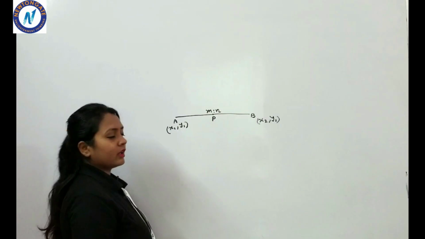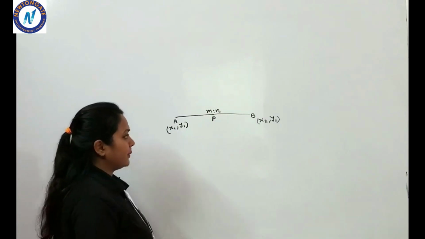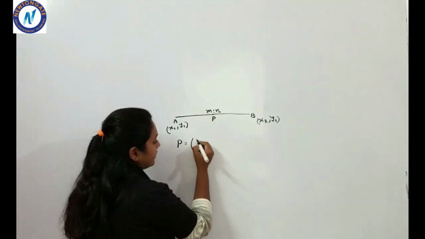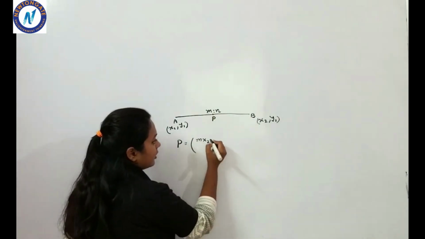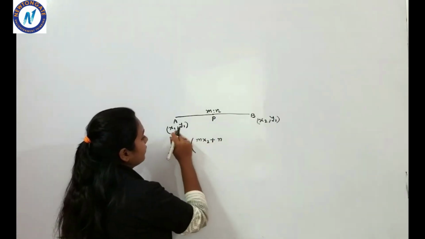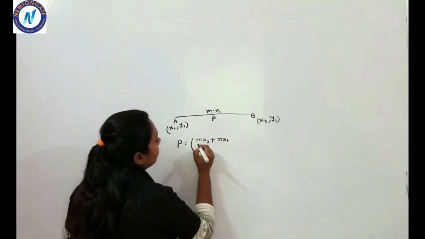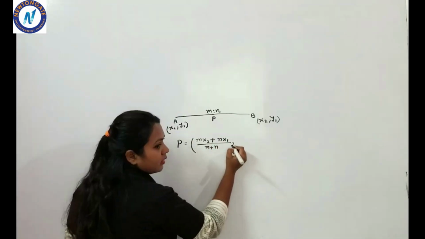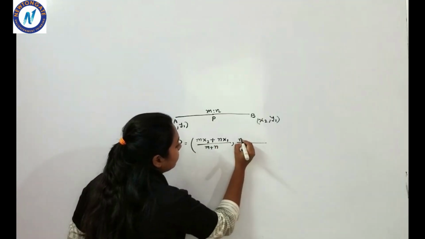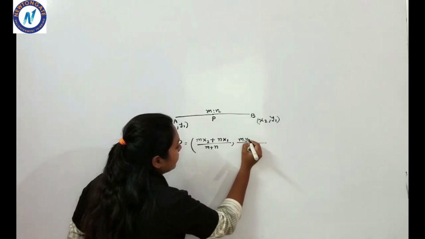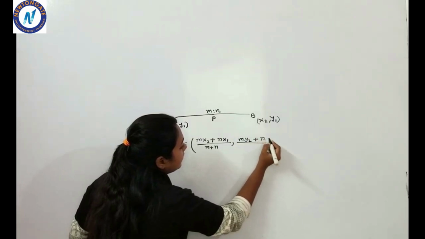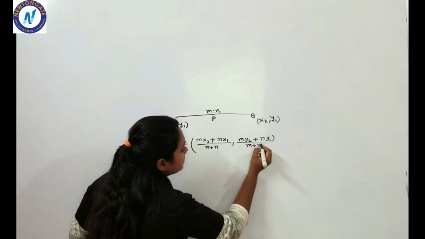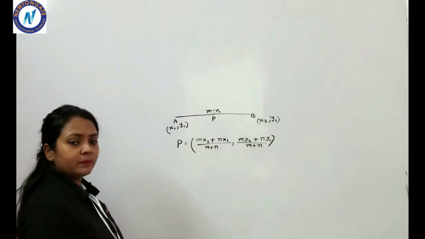The coordinate of P equals m into x2 plus n into x1 by m plus n, comma, m into y2 plus n into y1 divided by m plus n. This is the coordinate of P.